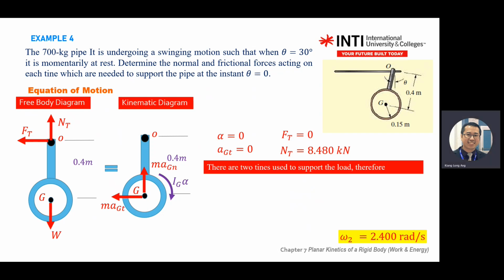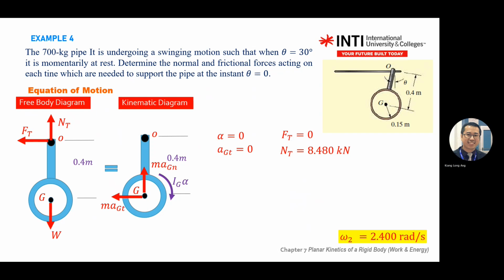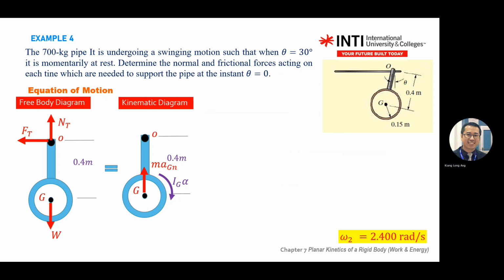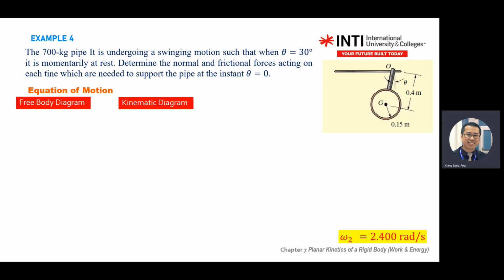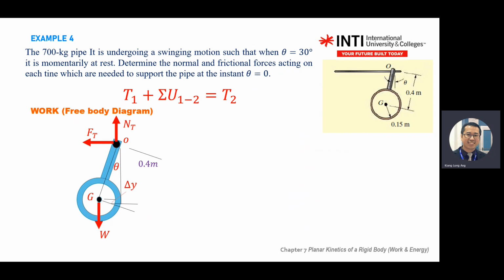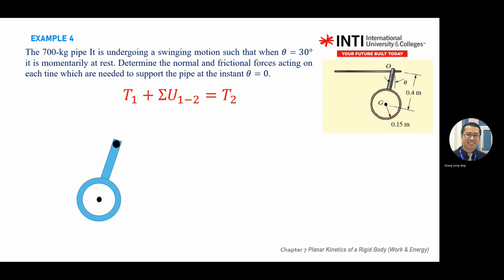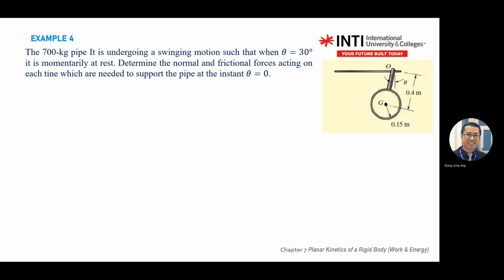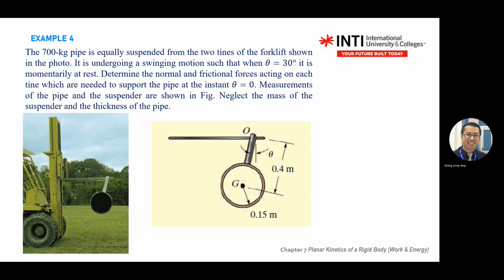Then it's mentioned here in the question, you have two taus there. Remember, for your final answer, you need to read carefully. There's one hidden message in the question. Read carefully. Here, suspended from the two taus.